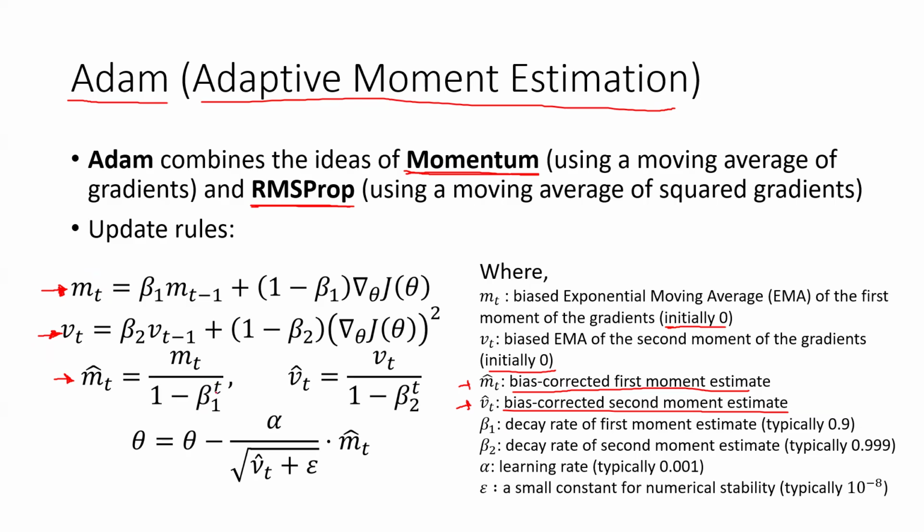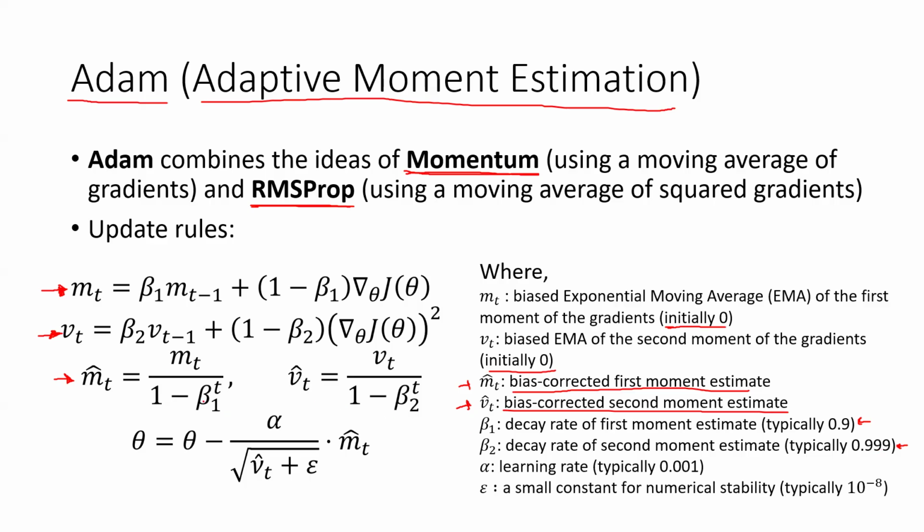When you take it to the power t in the earlier phases, t is close to 0. Beta 1 is the decay rate for the first moment, which is typically closer to 0.9, and beta 2 is the decay rate for the second moment estimate, which is typically closer to 0.999, right?